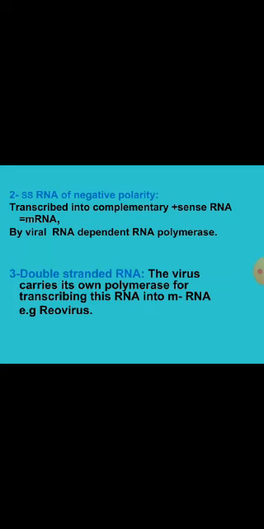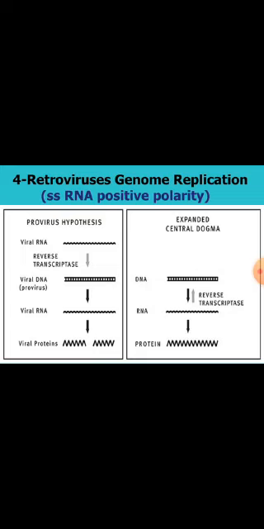RNA-dependent as it depends on the viral RNA, and RNA polymerase as it gives the RNA, messenger RNA. In double-stranded RNA viruses, which is reovirus, it has its own polymerases to transcribe their messenger RNA.